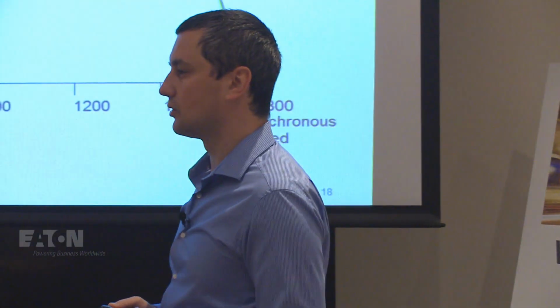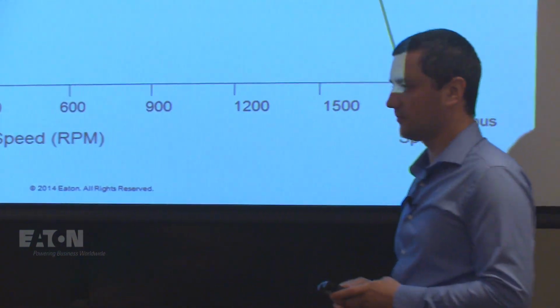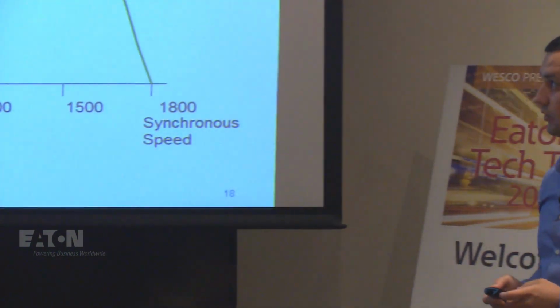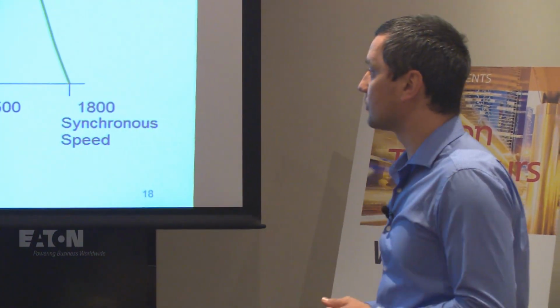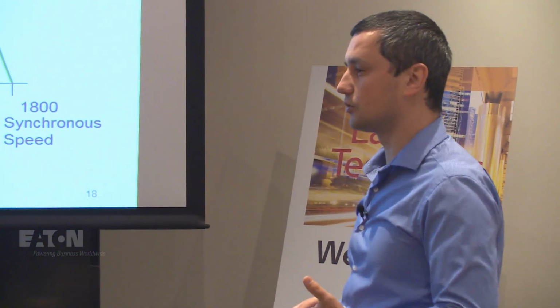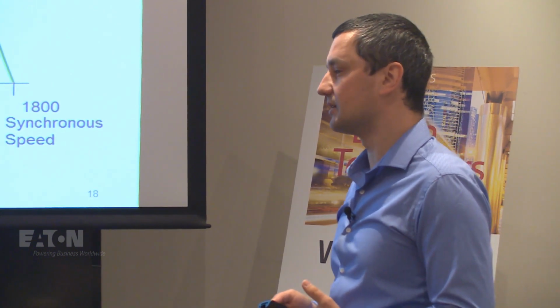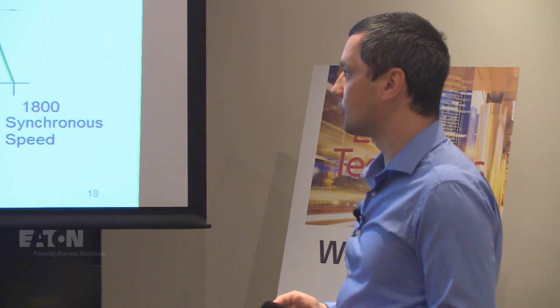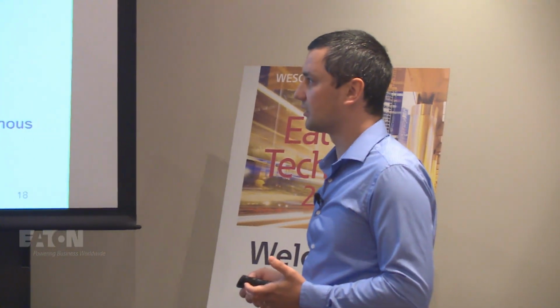In order for us to start the motor, we have to break that. Once we're starting, you have pull-up torque while the motor is speeding toward the nominal speed, and you're getting in the pull-out or breakdown torque when the motor is getting close to the nominal speed. And you will have your full load torque at pretty much the nominal speed.